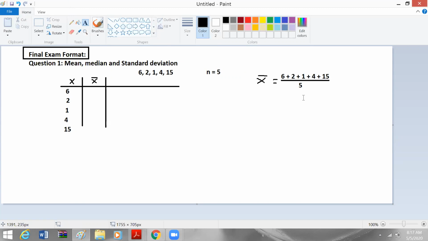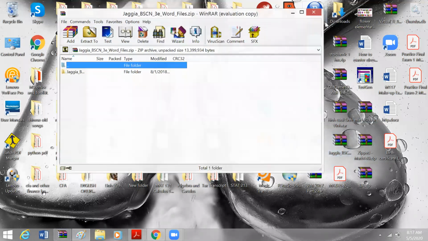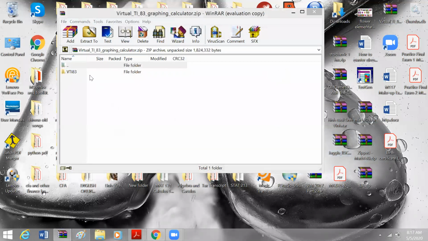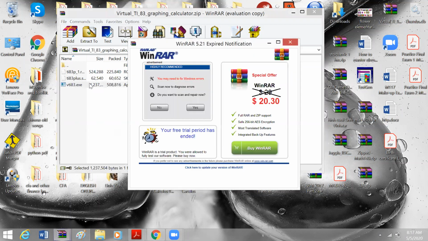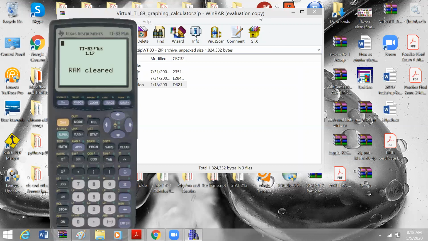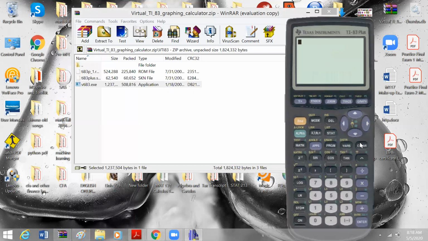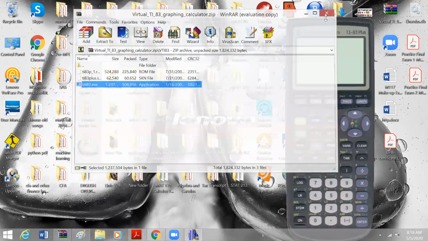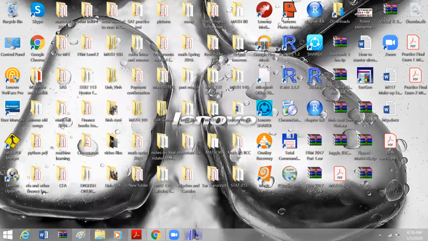And we do it on a calculator. So where's the calculator? The calculator is right here. You can use a few different calculators, it doesn't matter. If you don't have a calculator, this is the version that you can download on your phone as well.